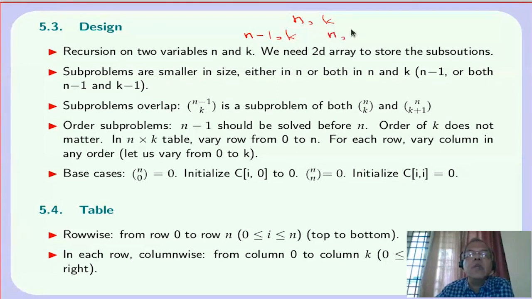If n is not reduced but k is reduced, it will be a subproblem. N minus 1 and k minus 1 is also a subproblem. We don't have this here. So either n minus 1, or both n minus 1 and k minus 1.